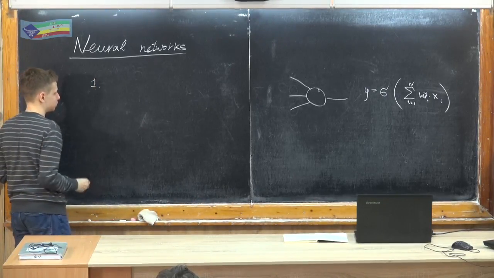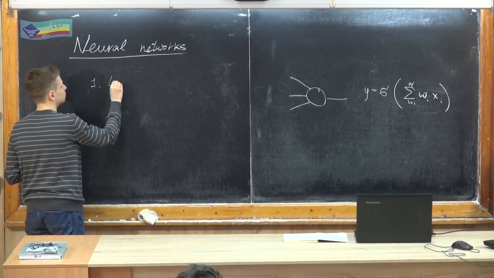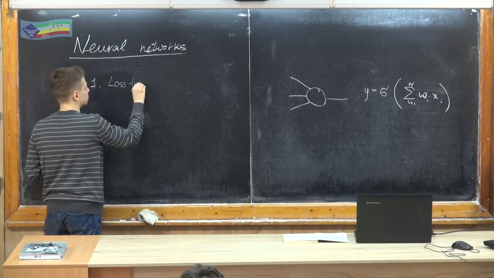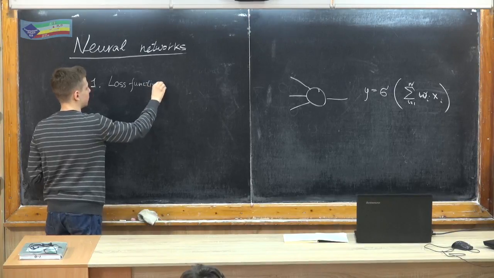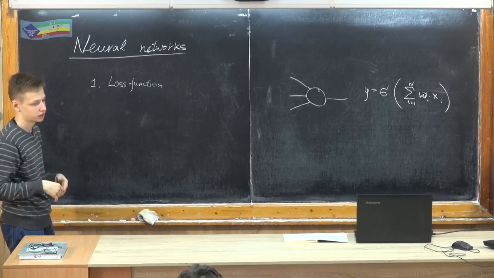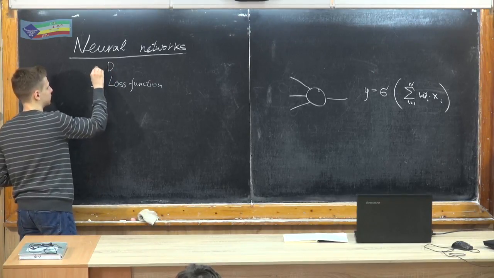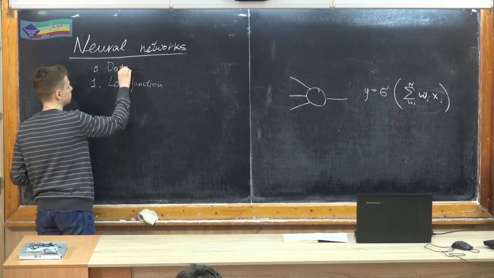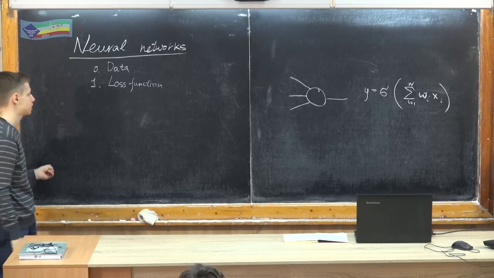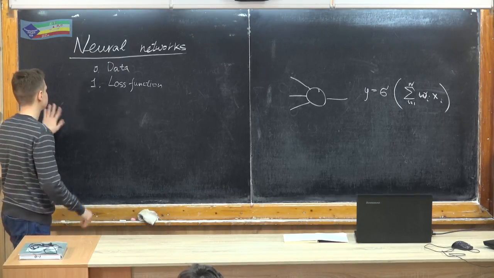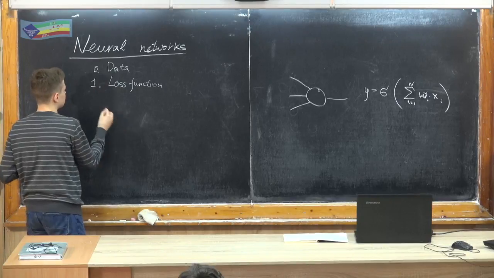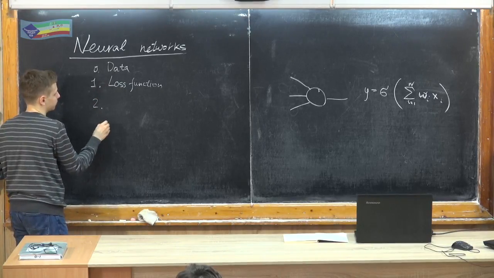The first one is to define the loss function, which is judging how bad or good this neural network is for given data. So task number 0 is to get data, and this task is quite easy.